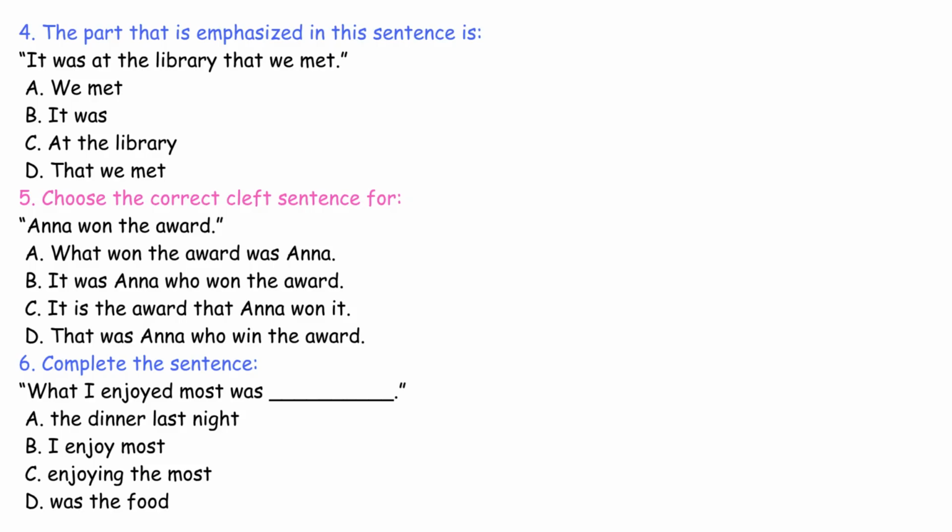Choose the correct cleft sentence for: Anna won the award. A. What won the award was Anna. B. It was Anna who won the award. C. It is the award that Anna won it. D. That was Anna who win the award.